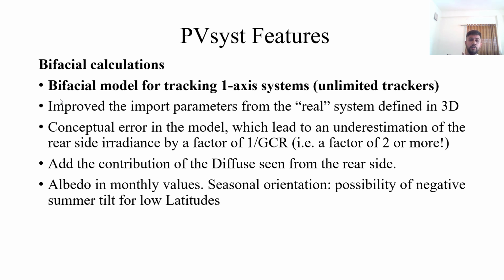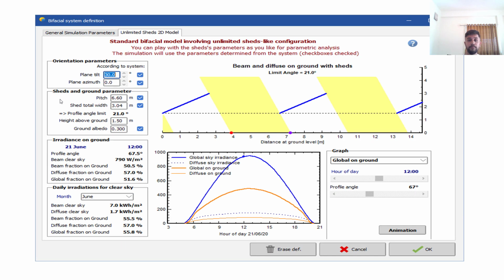Add the contribution of the diffuse seen by the rear side, albedo in monthly values, and seasonal orientation, that is the possibility of a negative summer tilt for low latitudes. So this is how you can design these unlimited sheds for 2D models using bifacial design. This is available for you.